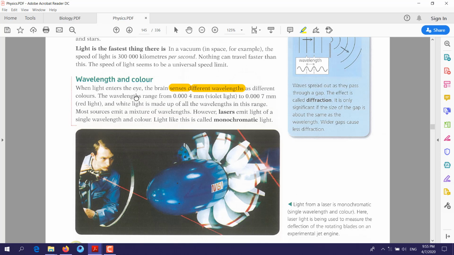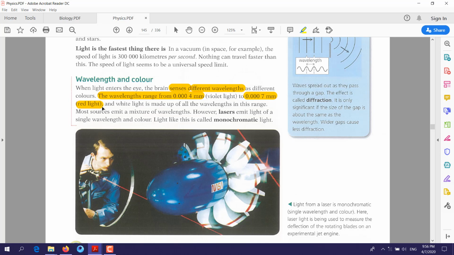For example, the wavelengths range from 0.0004 millimeter, which is violet light, to 0.0007 millimeter, which is the red light.